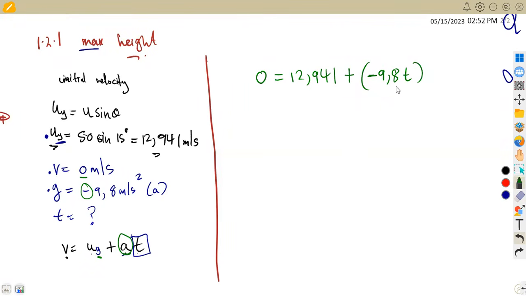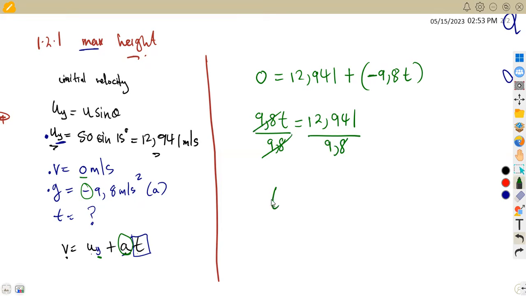That's our at. So we can calculate this, transposing the negative to this side so that it becomes positive. That will be positive 9.8 t is equal to 12.941. So you can calculate t if we divide both sides by 9.8.